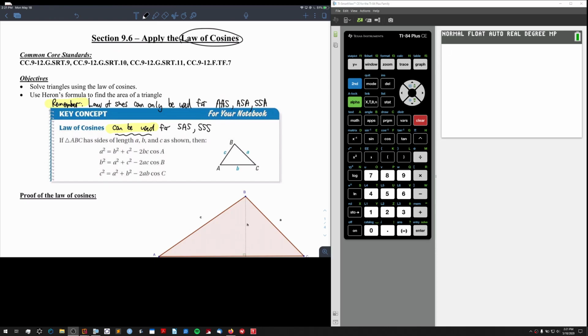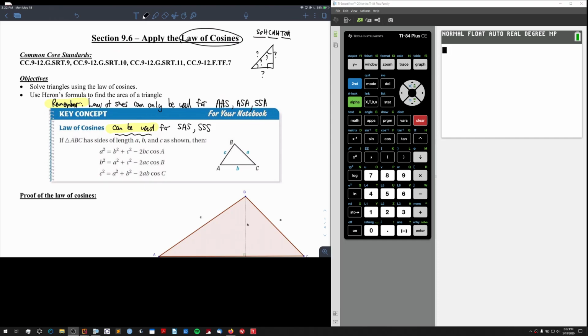So remember, we started out chapter 9 talking about right triangles and SOHCAHTOA, and saying I can find the sine, cosine, or tangent and solve a triangle that way if it's a right triangle, and find all the missing pieces of this triangle.